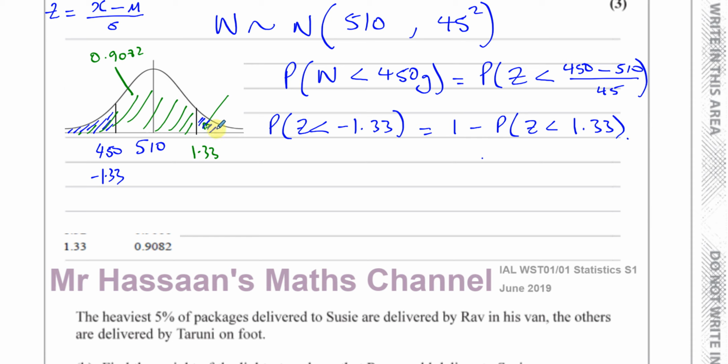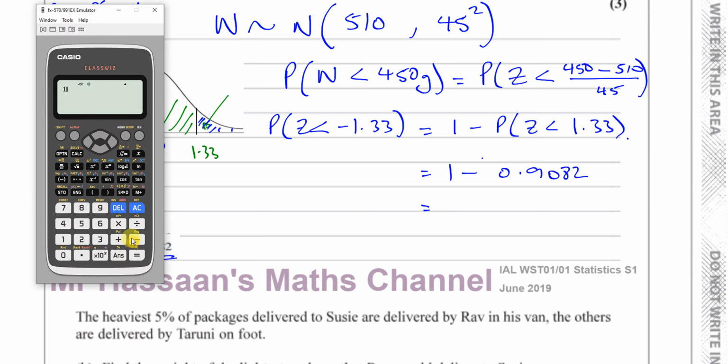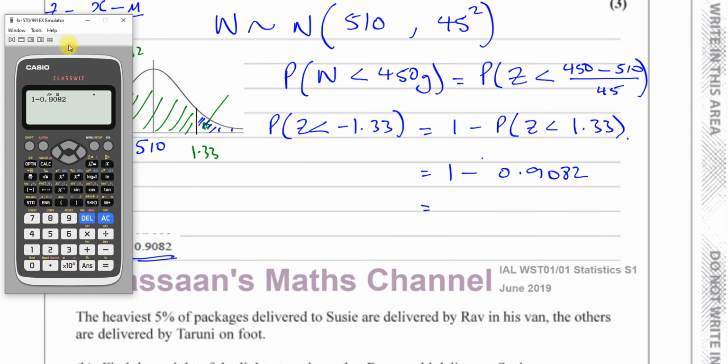This is the area that we want. So 1 minus the probability that z is less than 1.33 is what we need, and this probability is 0.9082. So you have 1 minus 0.9082, and that will give us our solution. Let me just make sure I wrote that correctly. Yes, 0.9082.